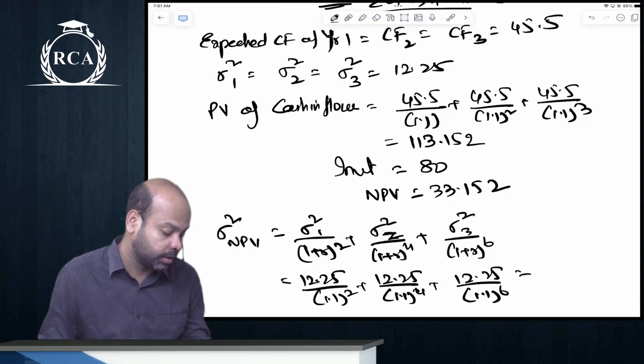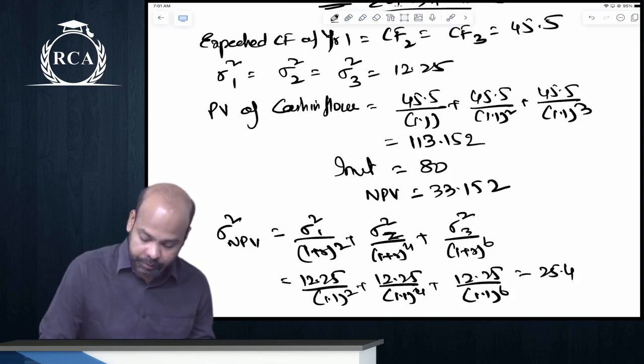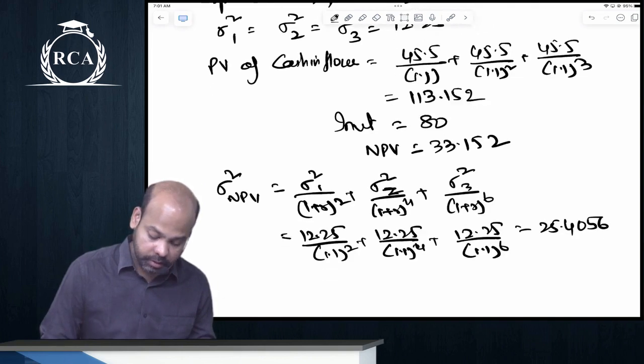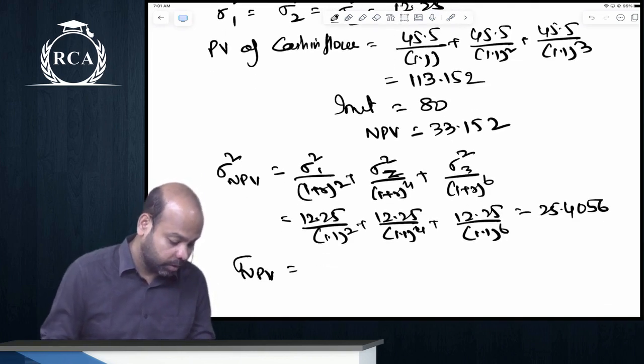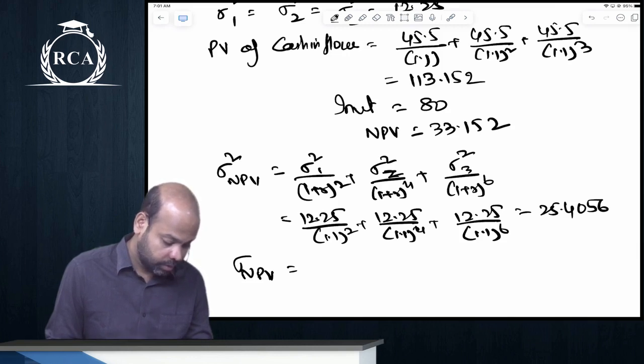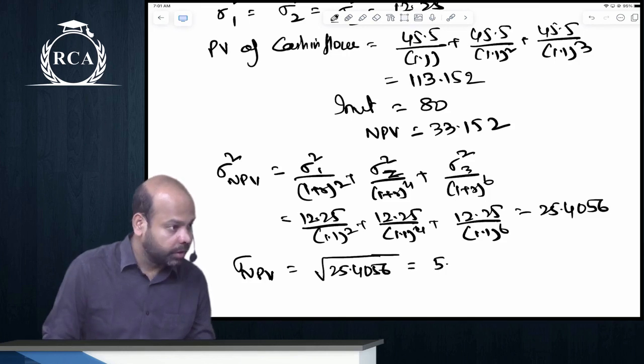What's the answer, beta? 25 point, lakh square. So standard deviation of NPV, beta, will be equal to root over 25.4056, beta, 5.0404.